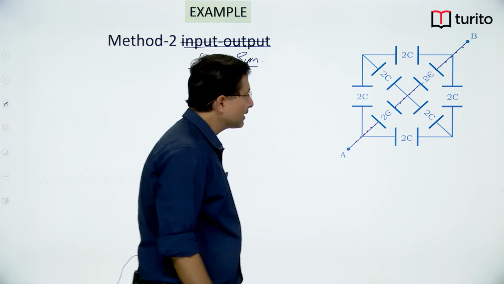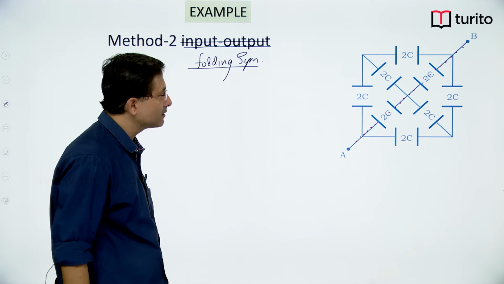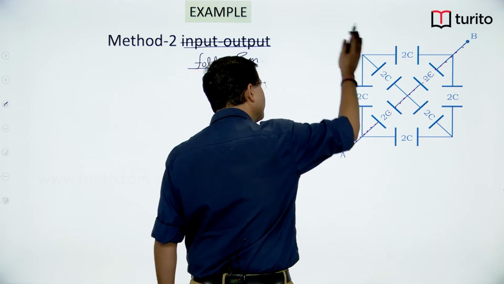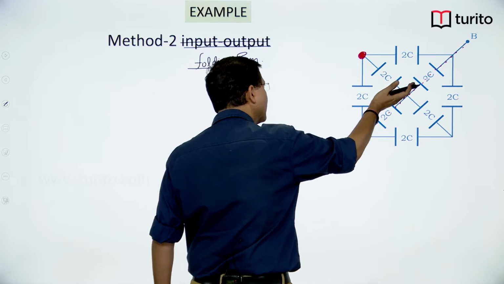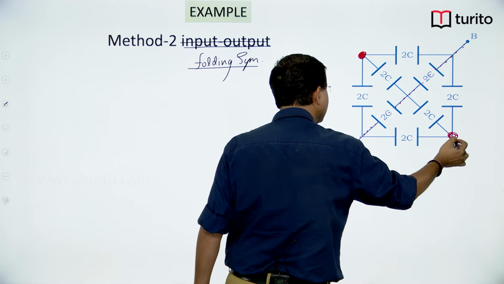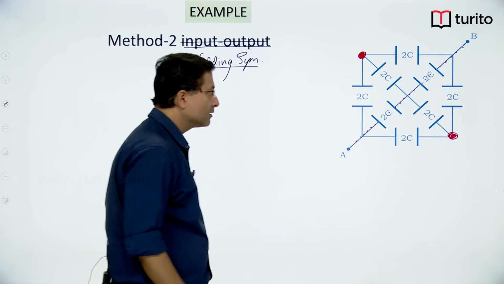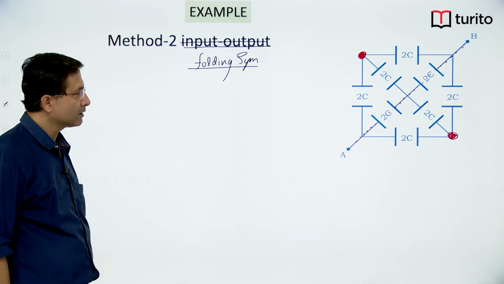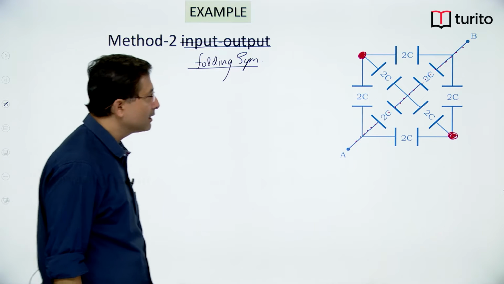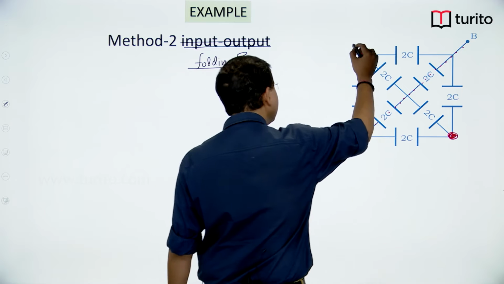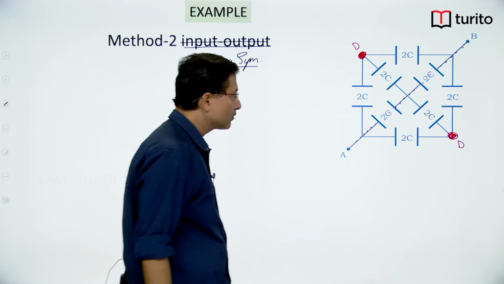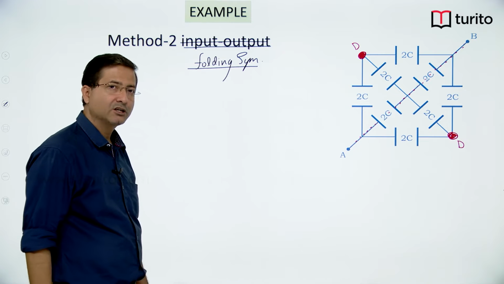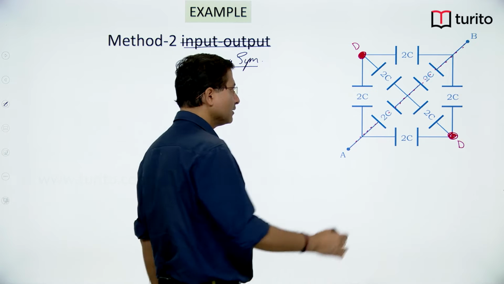If about this line I can see symmetry, that means the point above this line and the point below this line will be at the same potential, right. So let us name them D, and the junction here let it be C.